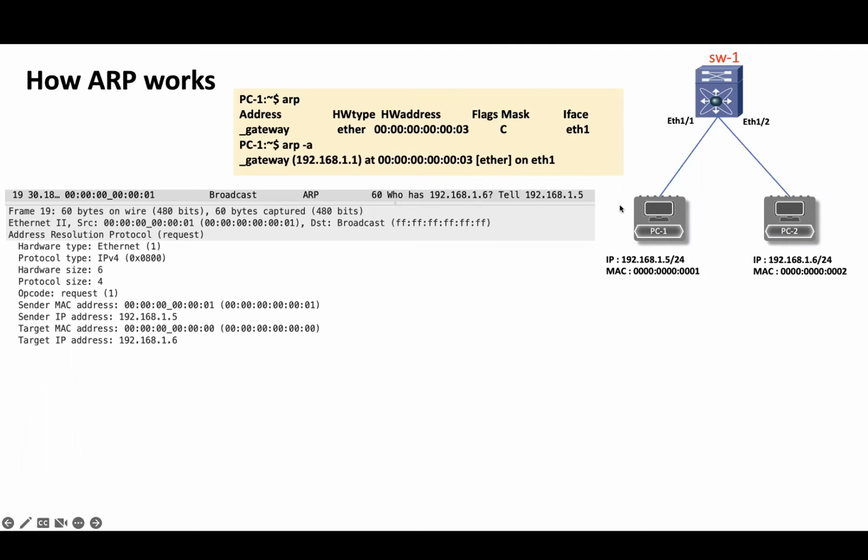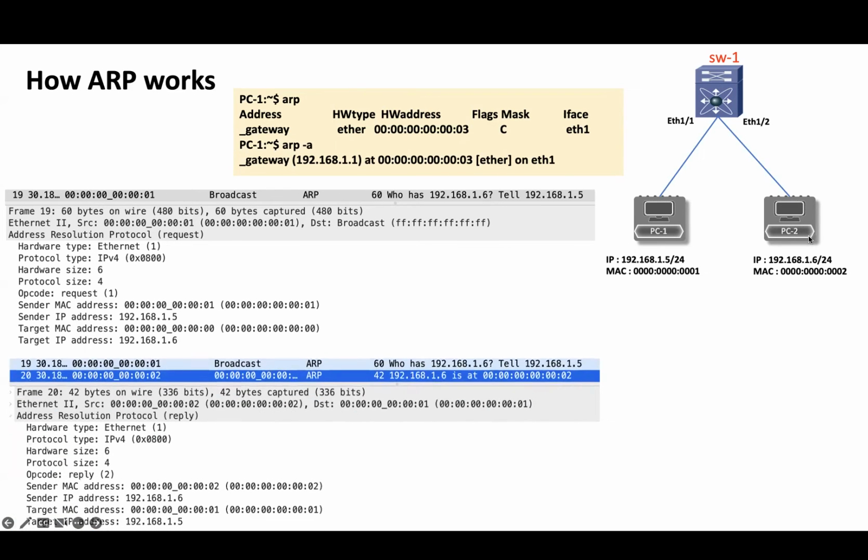ARP request is like PC1 is asking everyone in a LAN segment, who has the 192.168.1.6 IP address and what's your MAC address? As the target IP address is owned by PC2, PC2 will send an ARP reply.